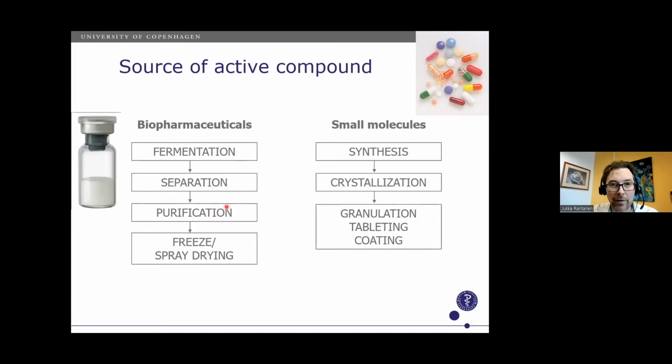This is fundamentally different from a small molecule system, where you typically have organic synthesis producing the active compound, which is then purified by crystallization and downstream processed with granulation, tabletting, or coating. All these processes can be analyzed with different process analytical tools, and there are hundreds of different PAT tools out there.